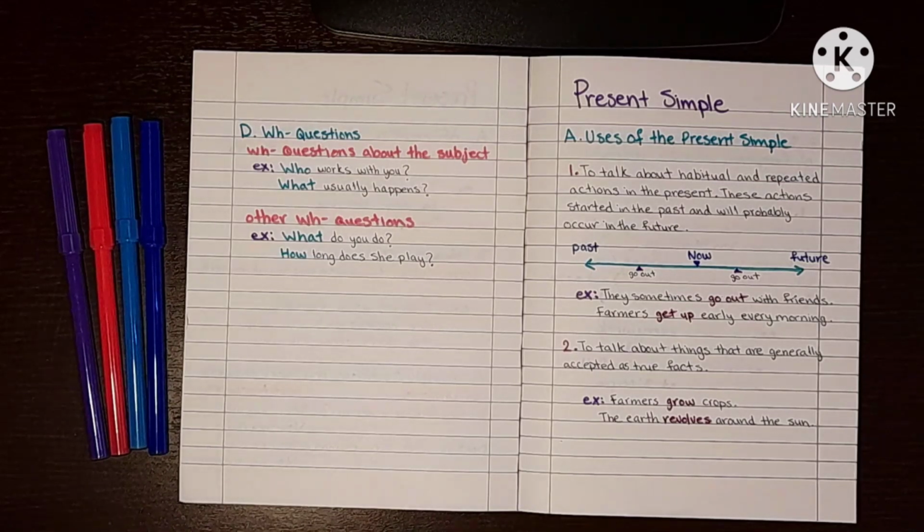This is considered a fact. The second example is the earth revolves around the sun. This is a scientific fact.